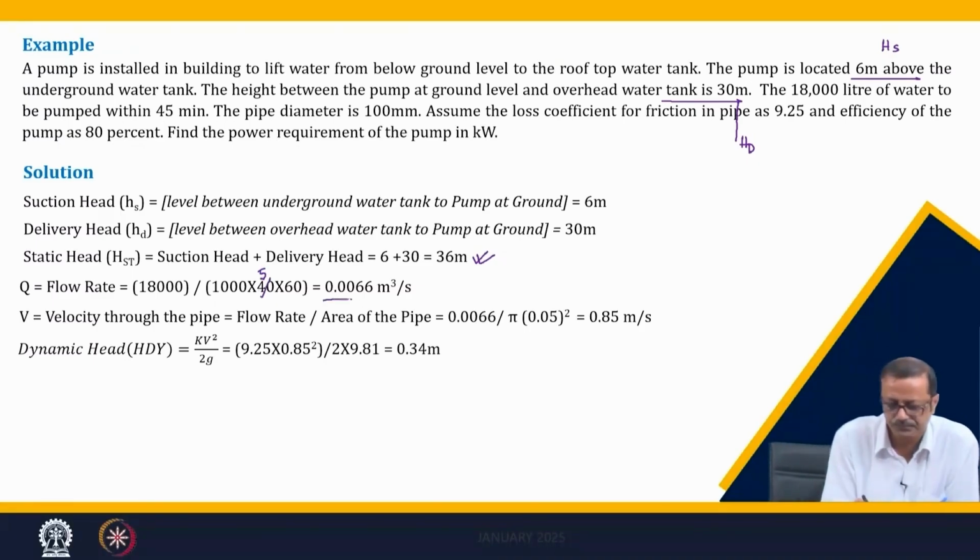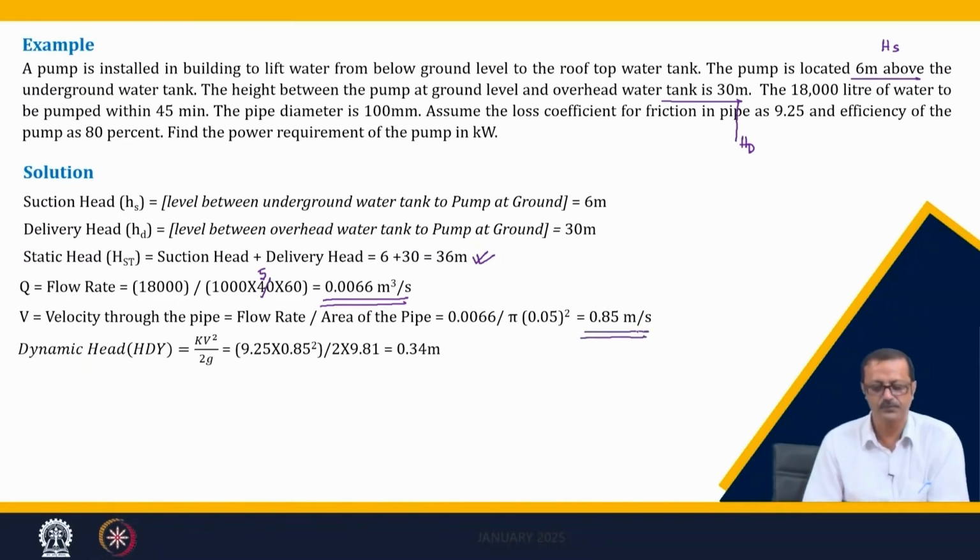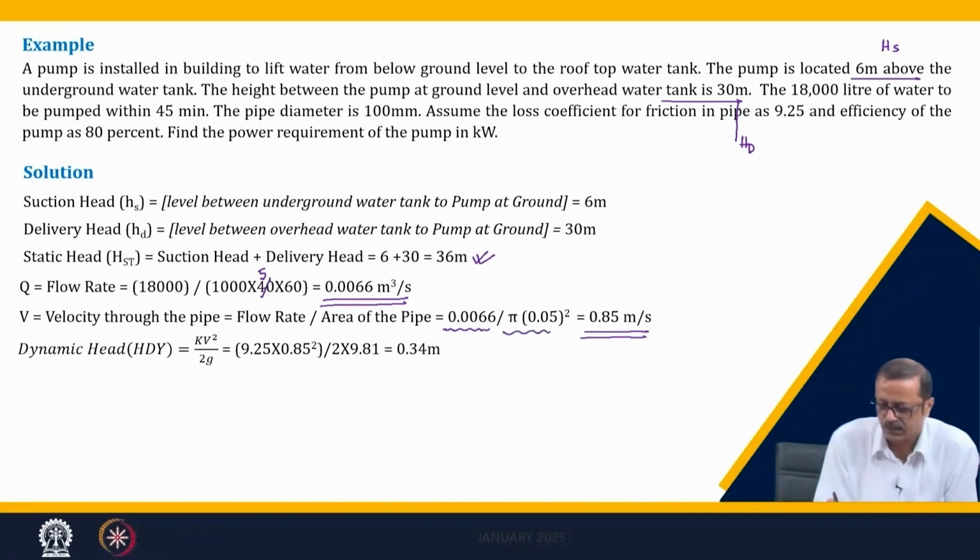So, this will be my total amount of delivery, and then this is the velocity of the water through the pipe. I divide the flow rate by the area. How did I get the area? Because it is given that the diameter of the pipe is 100 mm. So, I have pi into r square.